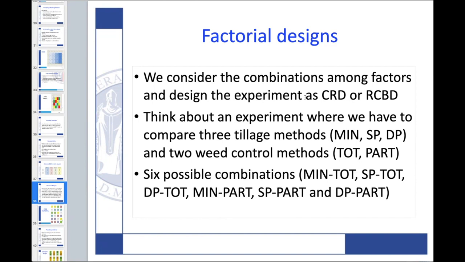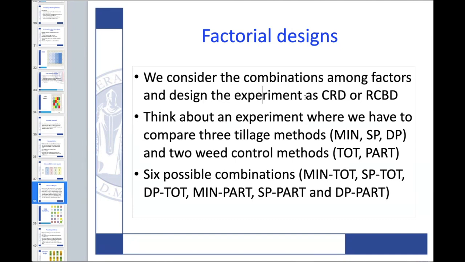I used 3 abbreviations. MIN stands for minimum tillage. SP stands for shallow plowing. DP stands for deep plowing, but that doesn't matter. These are 3 tillage methods. Second factor is the weed control method.